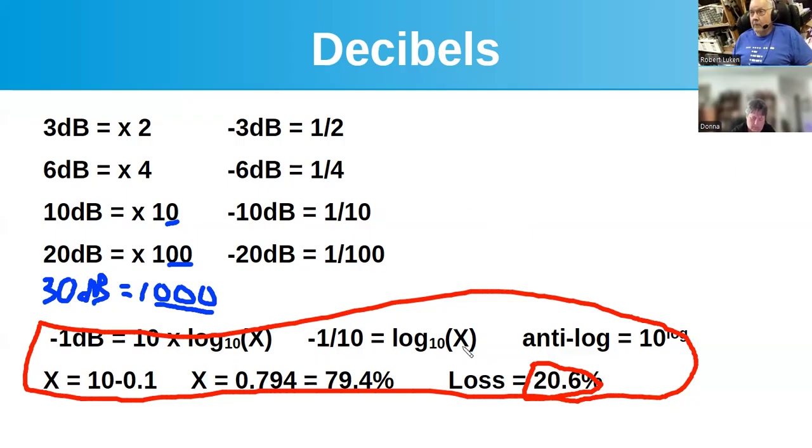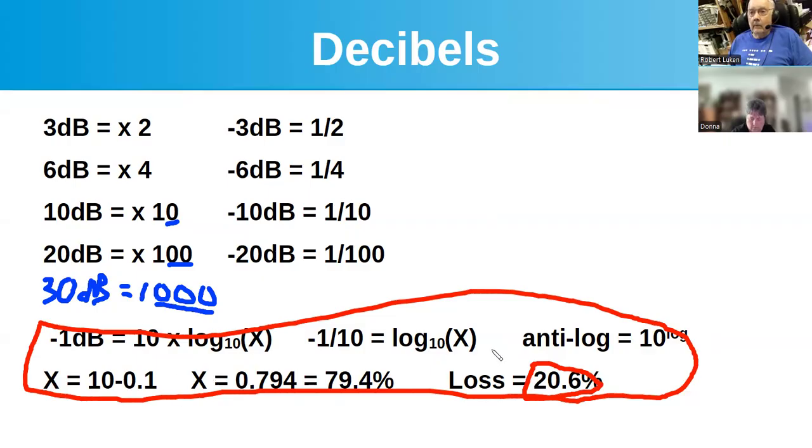So if we want to do the anti-log, we do 10 to the log. In the case of our 3 dB one, we do 10 to the 0.3, and that's where we come out with 2.